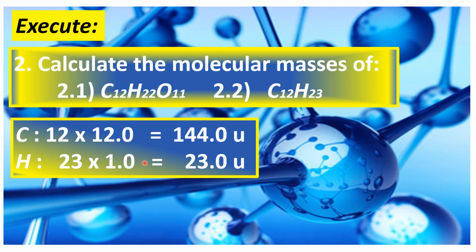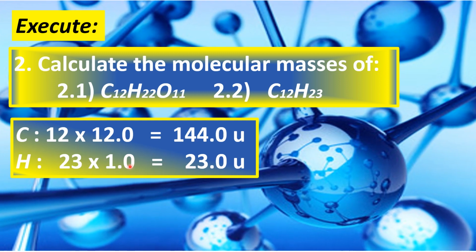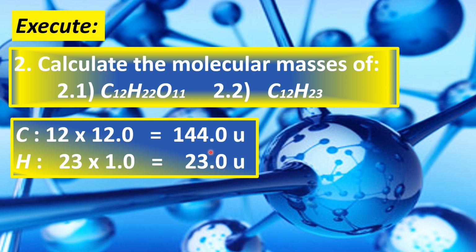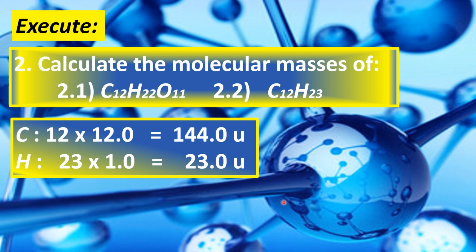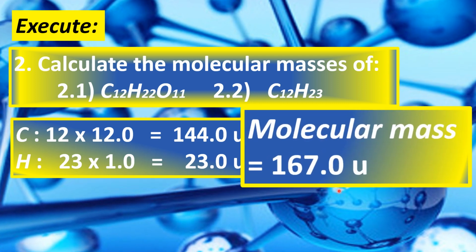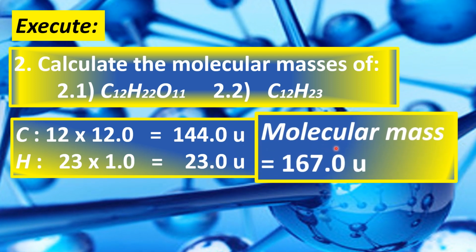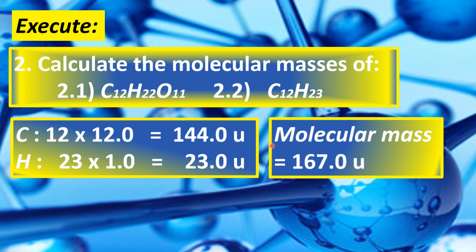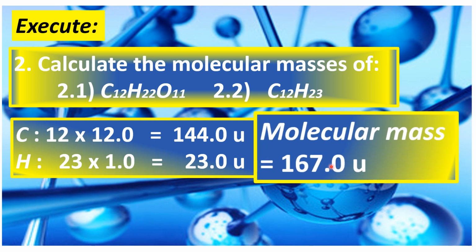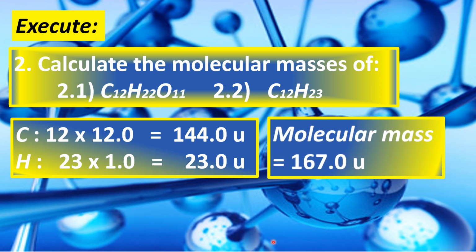So, the total mass of the 23 hydrogen atoms is 23.0 U. Adding them together, we get 167.0 U, which is the molecular mass of the compound diesel oil, which is another covalent compound.